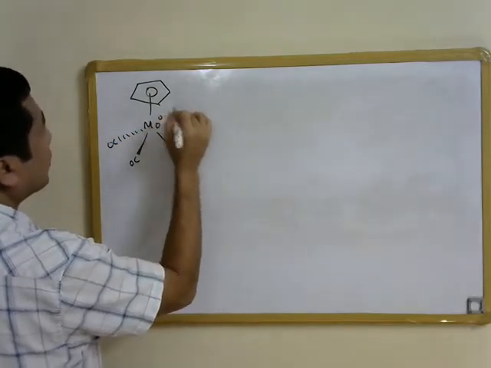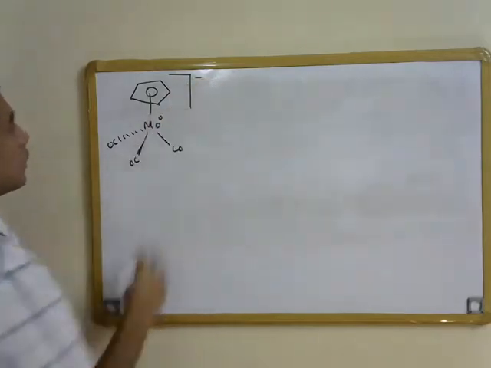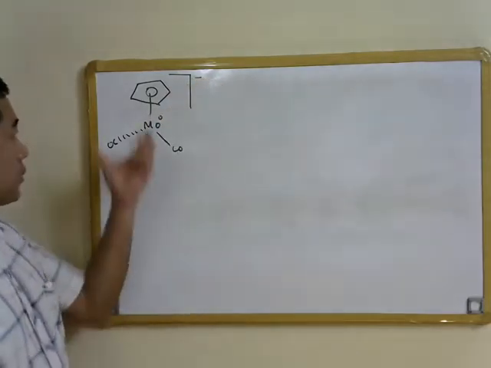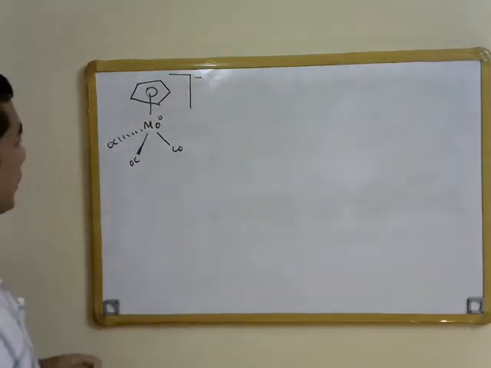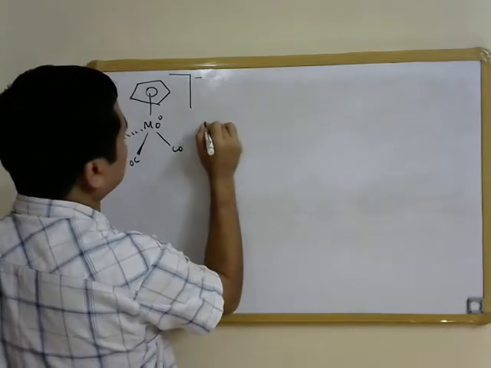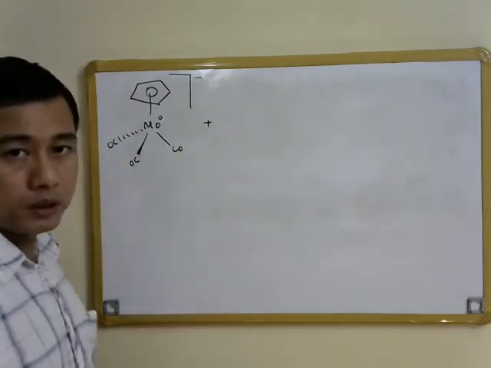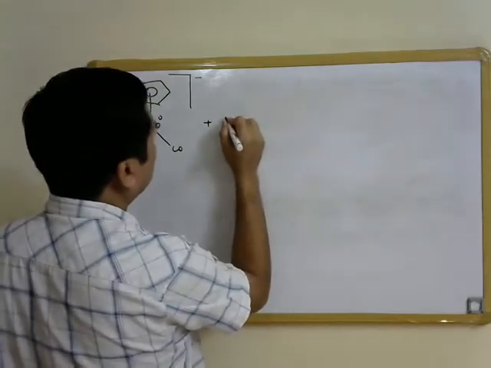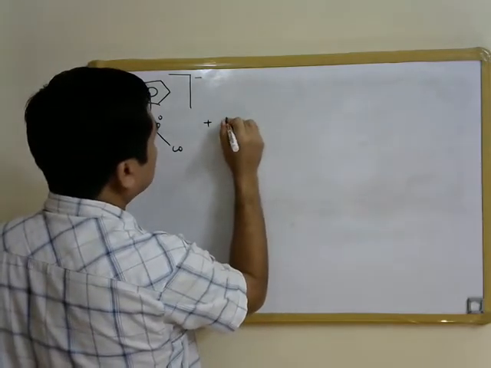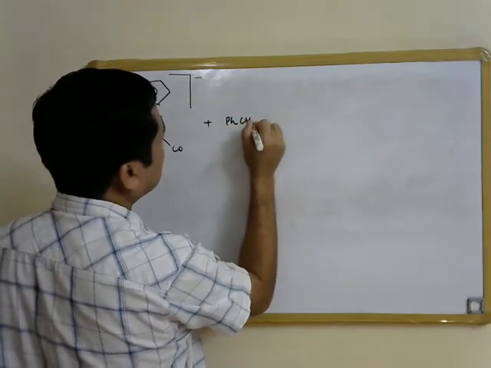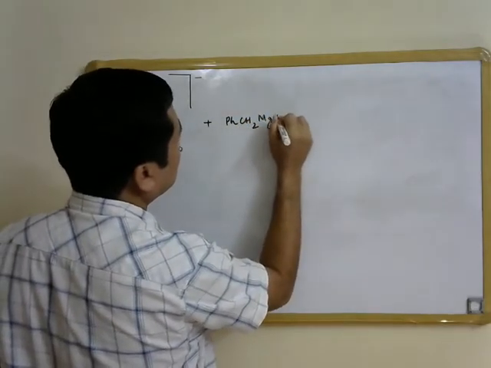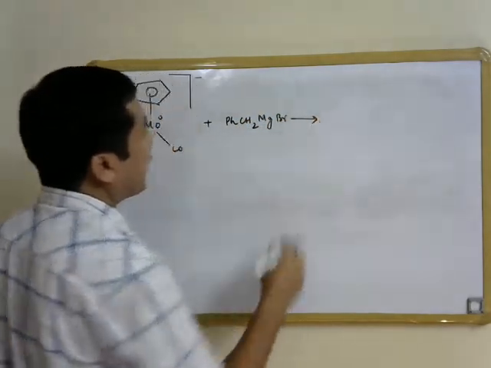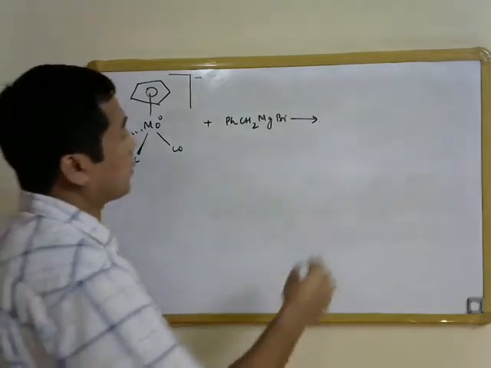So this is 0 oxidation state. The complex is essentially negatively charged because one Cp ligand is present. And now one can do reaction again with benzyl magnesium bromide, that is PhCH2MgBr, to give a metal alkyl complex first.